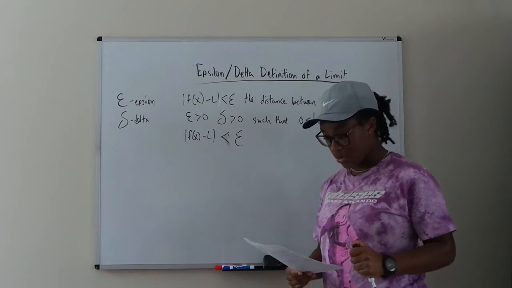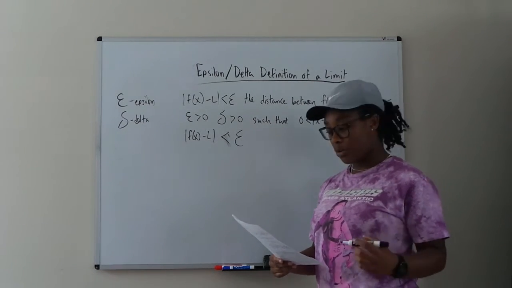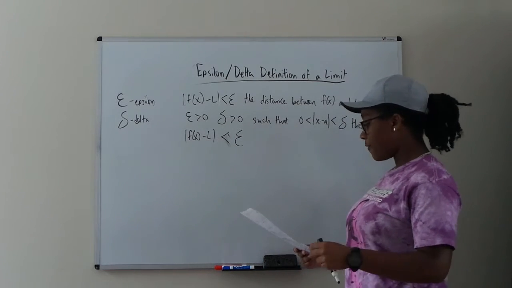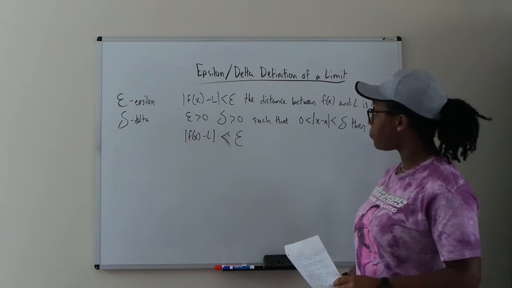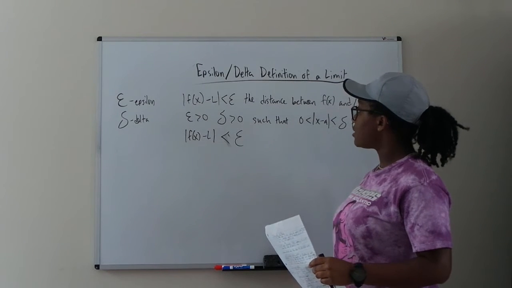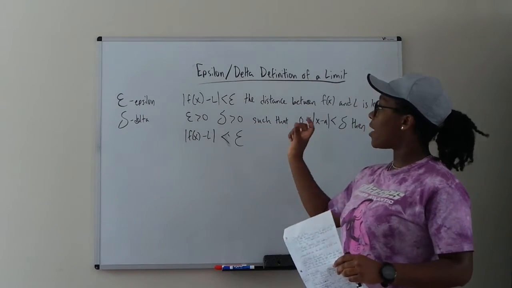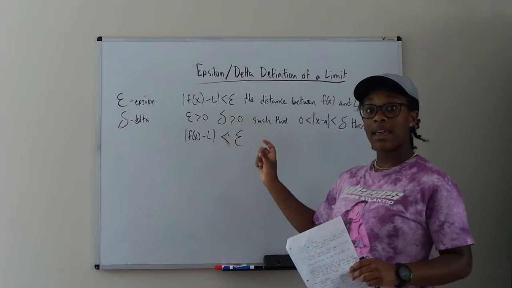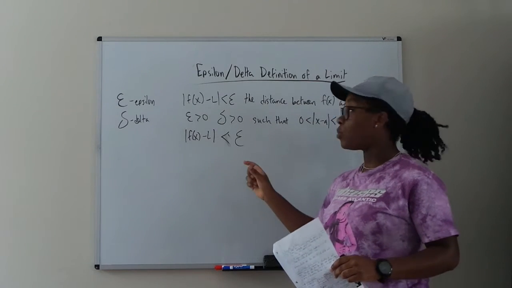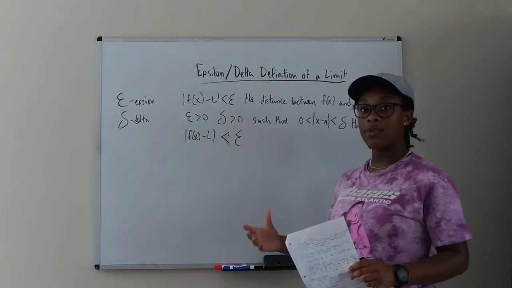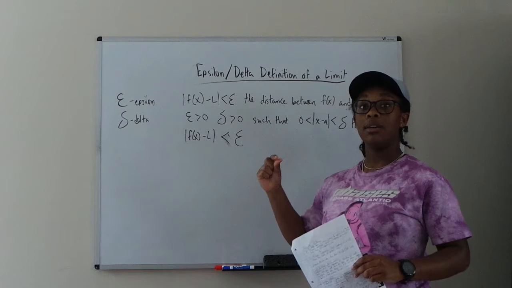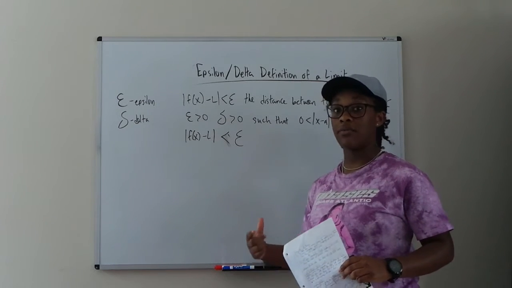So this boils down to, as x gets closer and closer to a, f of x also continues to get closer and stay closer to L. The absolute value of f of x minus L, what we're saying the limit is equal to, has to be less than epsilon, and epsilon is just that tiny, arbitrarily small positive number.